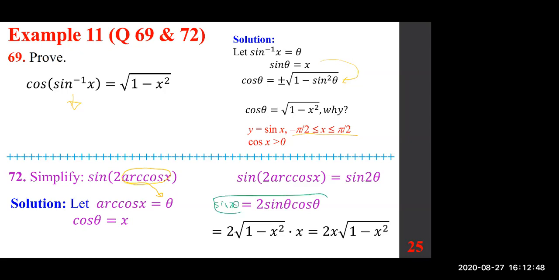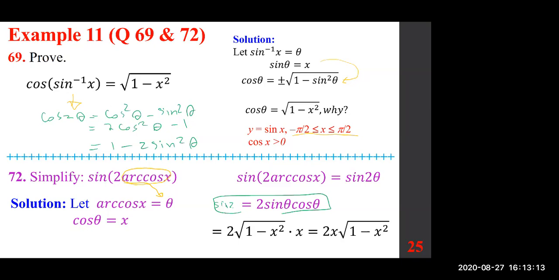That's an identity you should know. What is cosine 2 theta? Cosine squared minus sine squared. 2 cosine squared minus 1. 1 minus 2 sine squared theta.